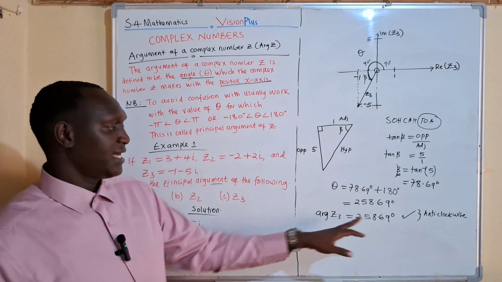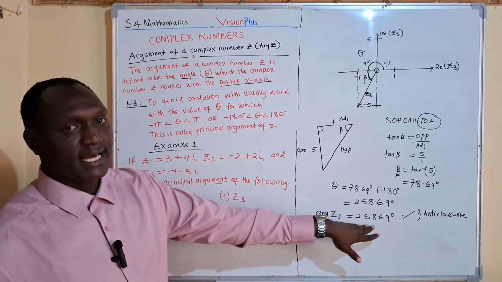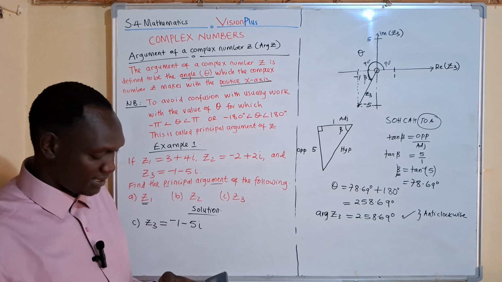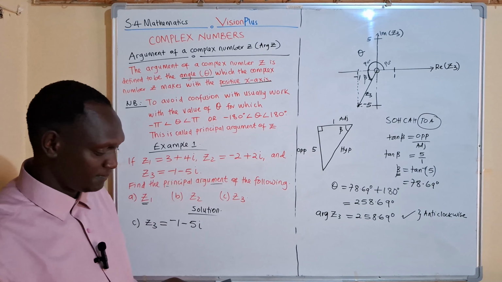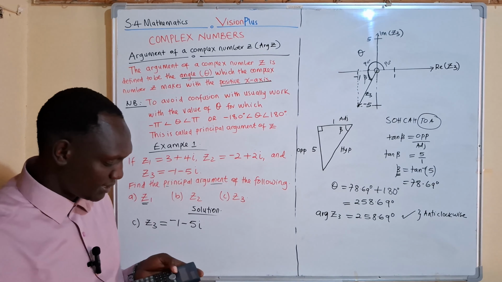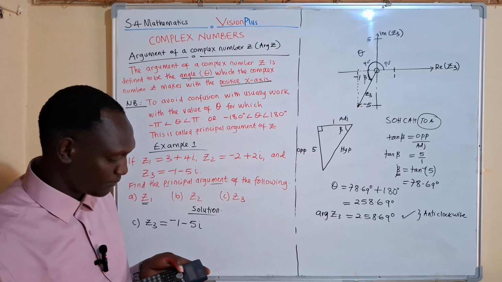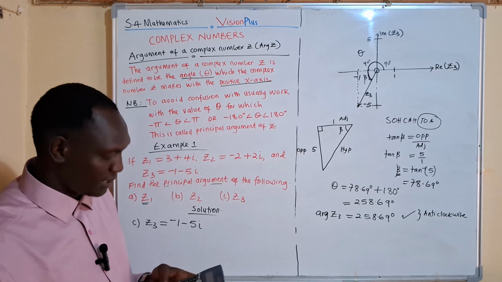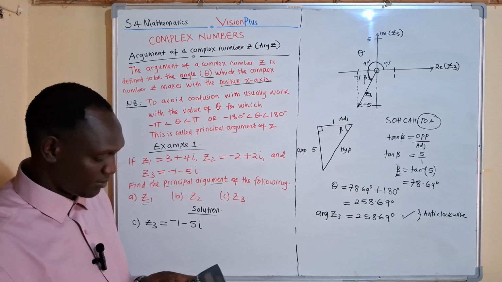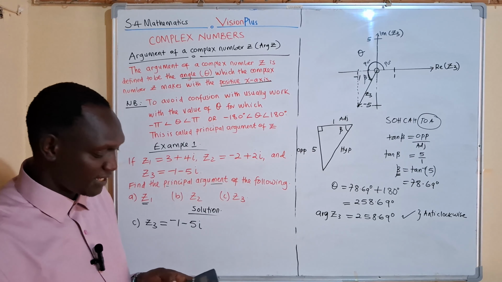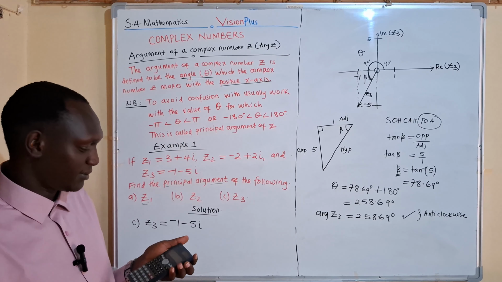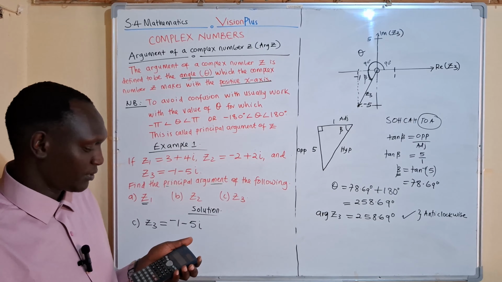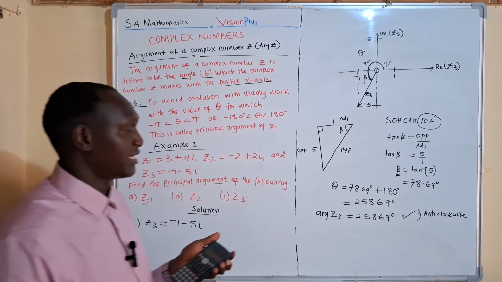So we can just say 360 minus this answer. 360 minus 258.69 is giving me 101.31.